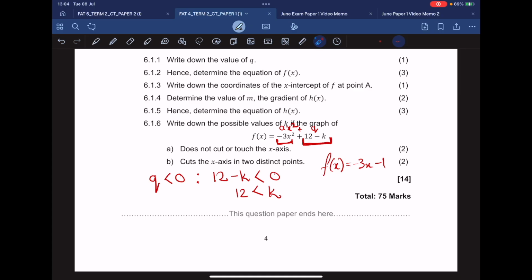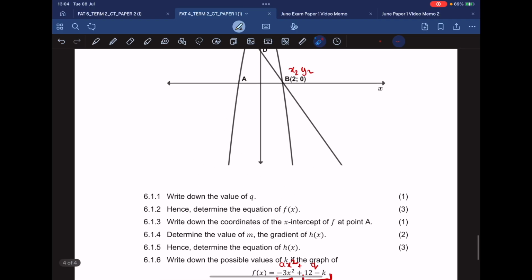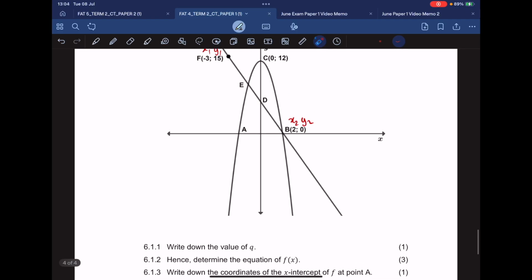Right, let's go to B. So again, for which possible values of K will the graph cut the x-axis in two distinct points? In two distinct points means, like it is now, this parabola is cutting the x-axis in point A and point B, so it's cutting it at two distinct points.